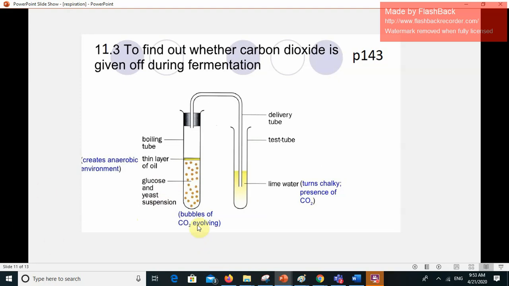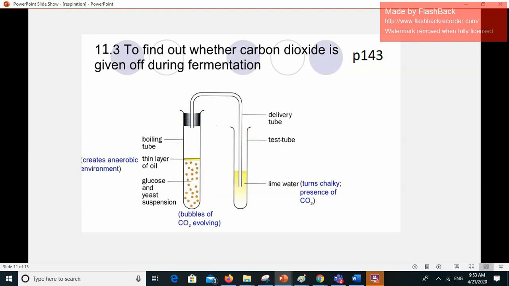So here with warm water, we put a thin layer of oil, and here we have, as we see, a bung and delivery tube. Once the yeast respire, they produce carbon dioxide.